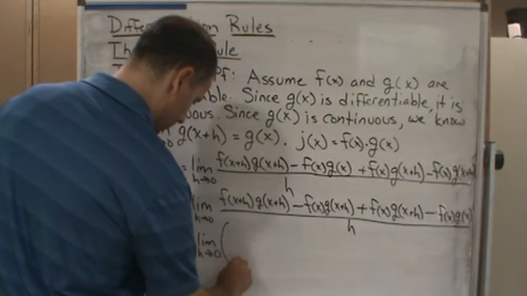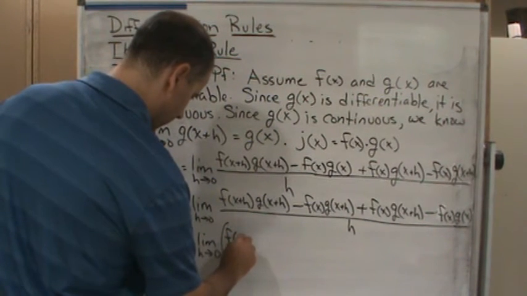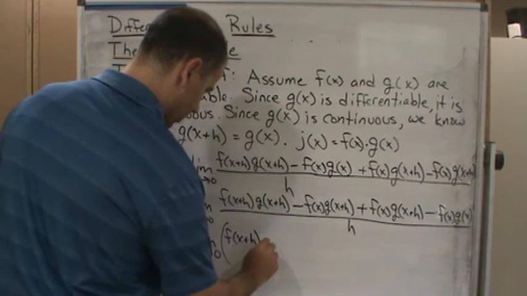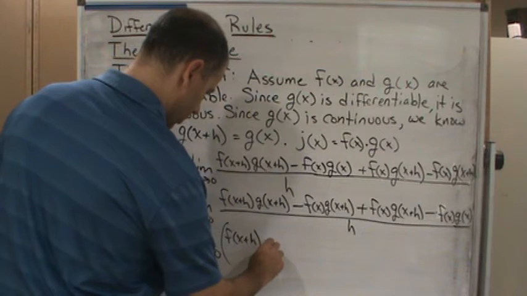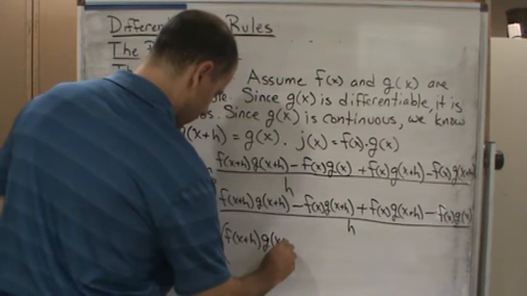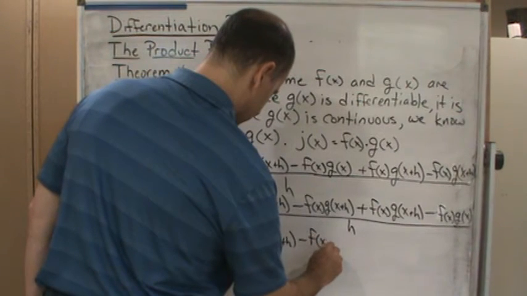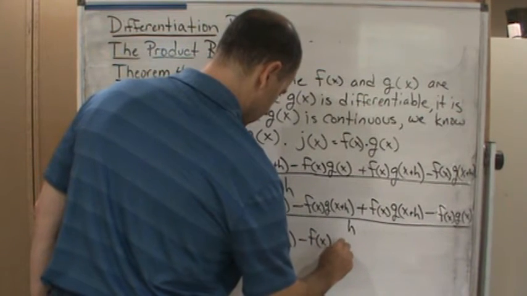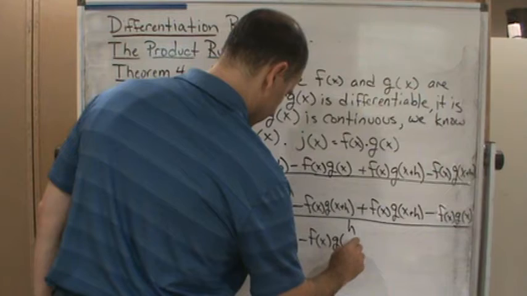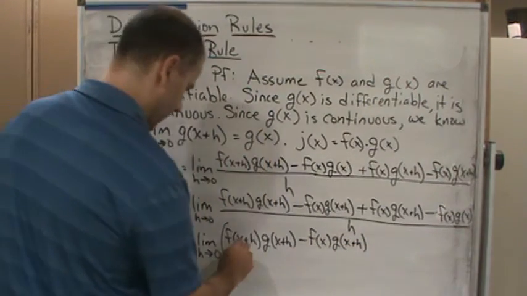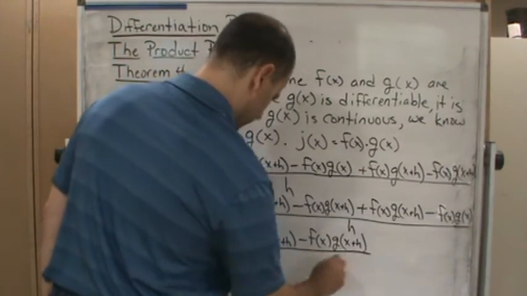So this is going to be the limit of f of x plus h times g of x plus h minus f of x times g of x plus h. Now, some of you might see where this is going.